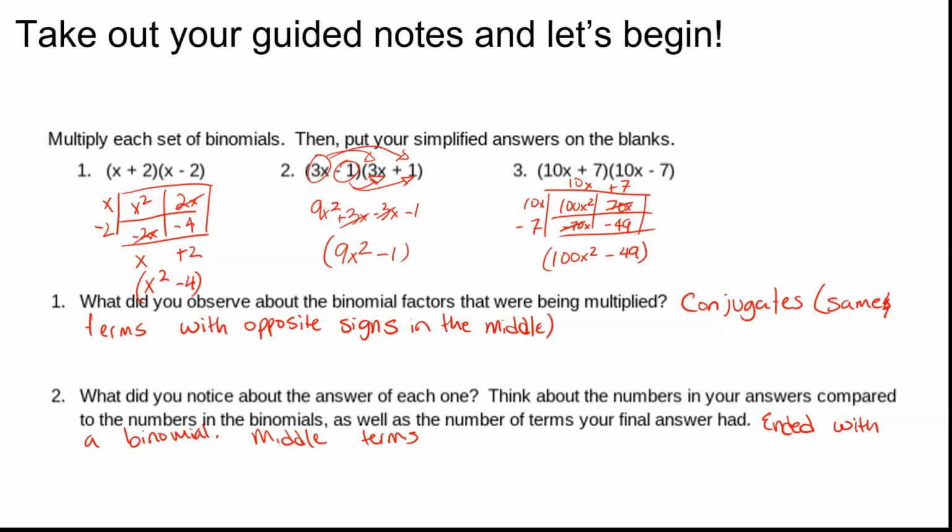They canceled out. And something that might not be readily apparent: both of our terms that are left in our binomial are perfect squares, both perfect squares with a negative sign in the middle.